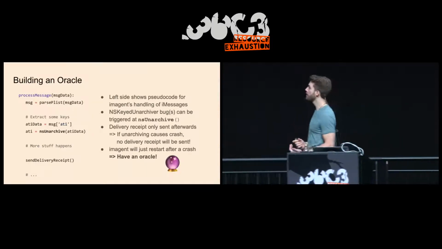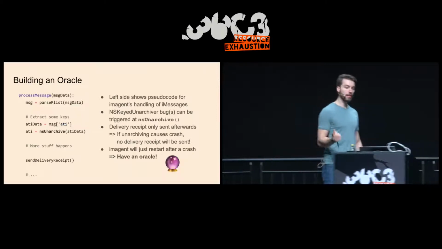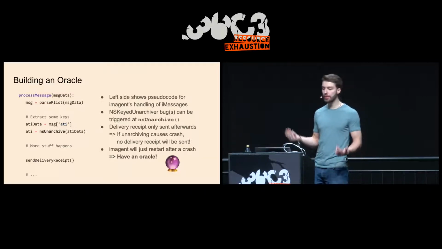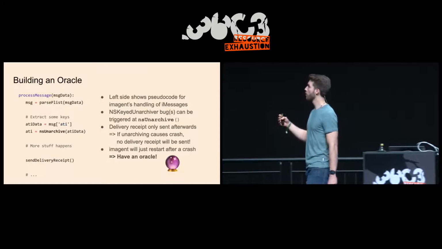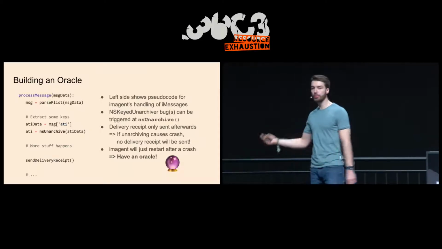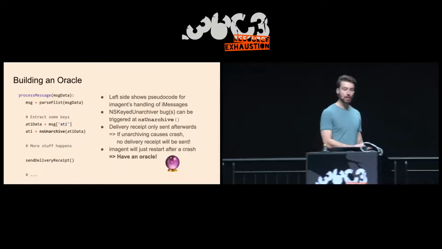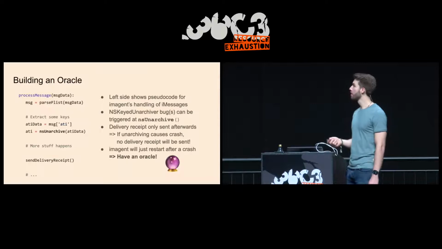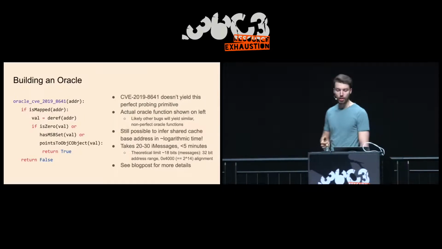So if during our NS unarchive we can trigger the bug and cause a crash, then we have somewhat of a 1-bit side channel, right? Because if we cause a crash, then we won't see a delivery receipt. And if we don't cause a crash, then we see a delivery receipt. So it's 1 bit of information. And this is going to be our oracle, right?